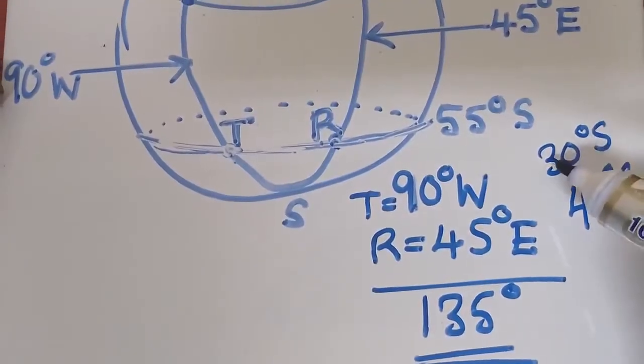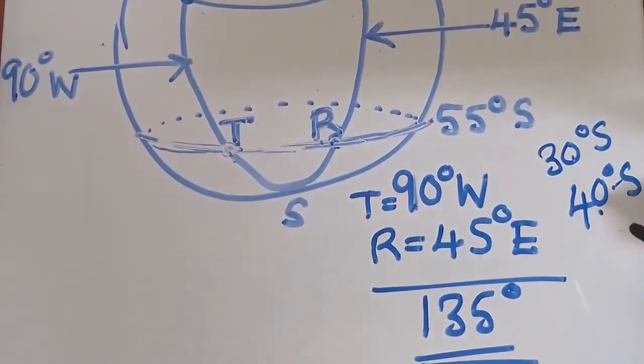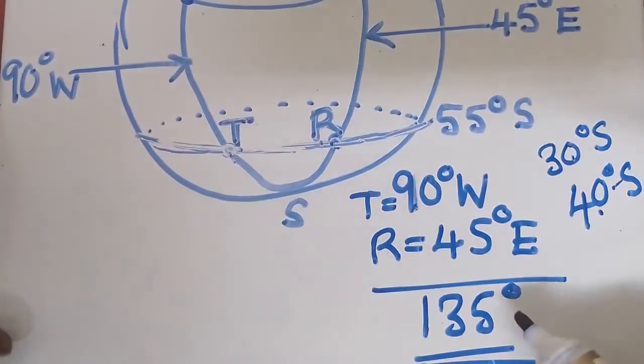For example, if you have 30 degrees south and 40 degrees south, then because it is the same direction you need to subtract. You cannot say 30 minus 40, because definitely you will get a negative answer. So we avoid negative answers. We are talking about distance, and distance cannot be negative. The distance should be positive. So let's make sure we get this point.